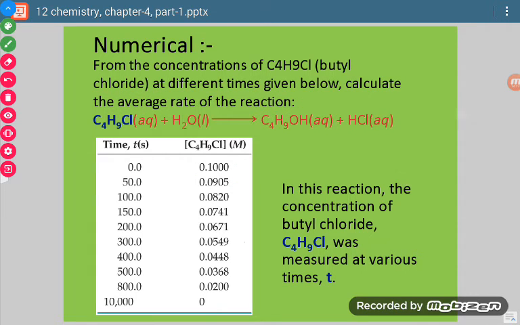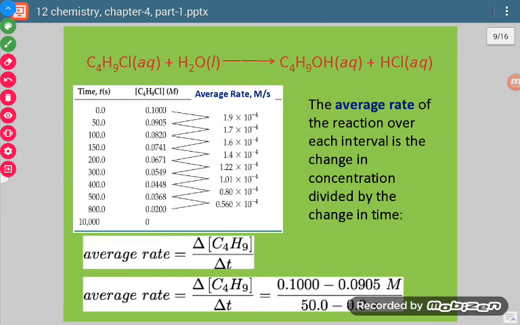Now let us see how we have solved. When we took this data, this is the average rate. Similarly, we took any two readings and found the average rate values. So the average rate is the change in concentration over the change in time.